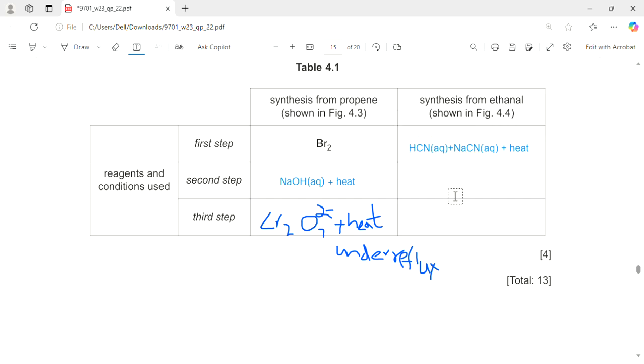So what about the second step here? So dilute HCl, I think it should be dilute HCl plus, I think that's it, and heat.